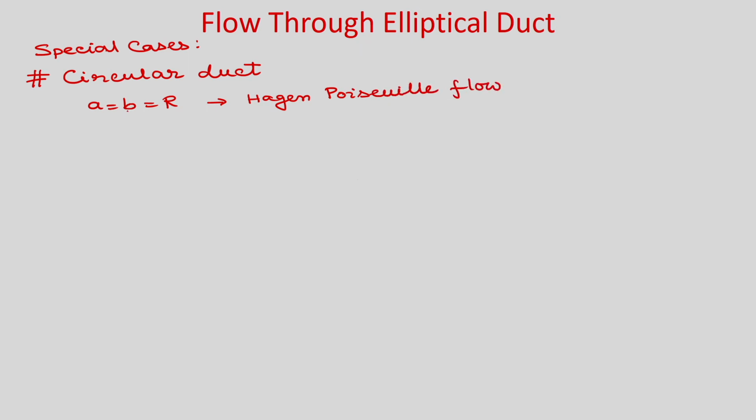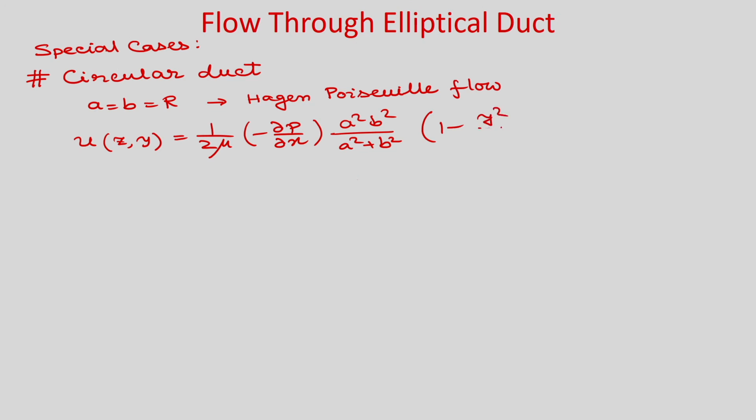Okay. So, now if you put a is equal to b is equal to r, then we will get the Hagen-Poiseuille flow. So, we have the expression of velocity u z of y as 1 by twice mu minus del p by del x a square b square by a square plus b square times 1 minus y square by a square minus z square by b square.